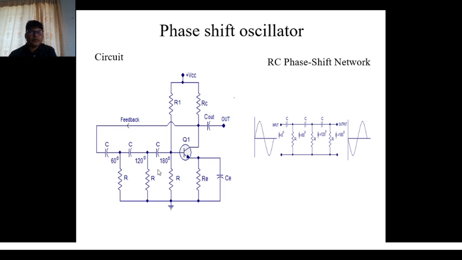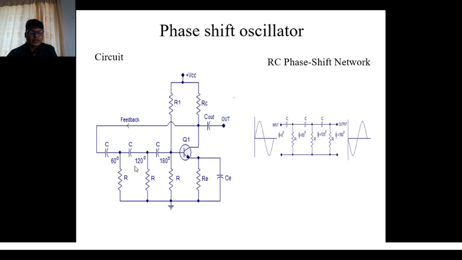This signal is fed back to the base circuit. Since the CE amplifier produces a phase reversal of the input signal, the total phase shift is again 360 degrees or 0 degrees, which is essential for regeneration and hence for sustained oscillations.